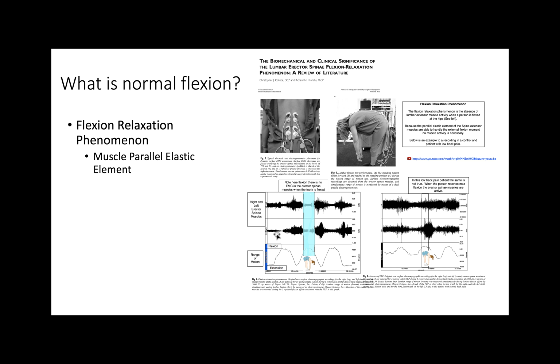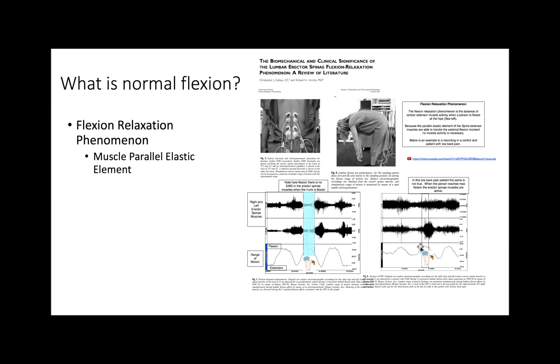And then here's a control participant in this particular study, and you can see the EMG bursts associated with the transition periods, and then the silence of the EMG or relatively low EMG when they're flexed, and that's repeatable.